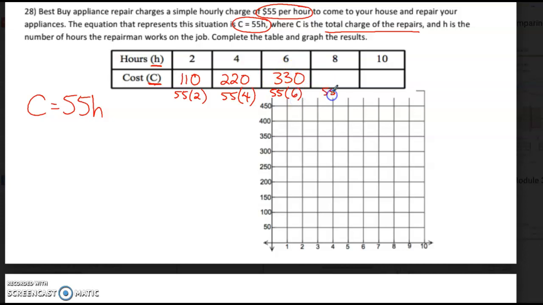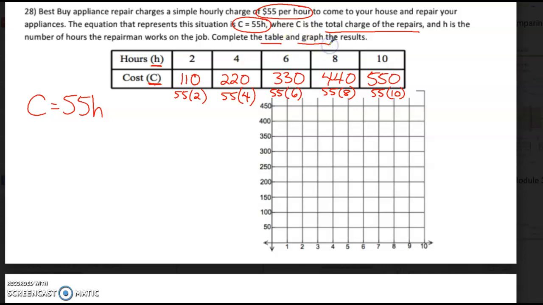And 55 times 8 gives us 440. And 55 times 10 is going to give us 550. Guys, all we're doing is taking our equation and plugging in each H. So now we've completed the table.